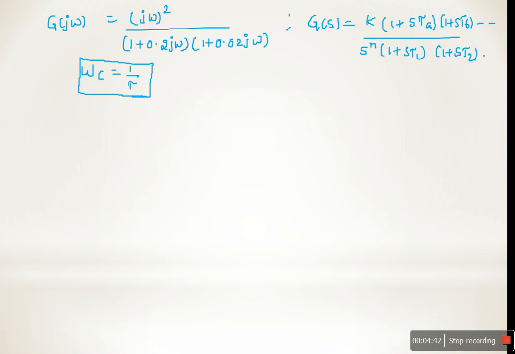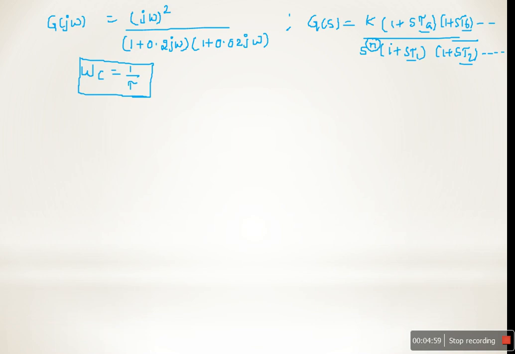This is the general form of the transfer function, where tau a, tau b indicate the zeros of the system, tau 1, tau 2 indicate the poles of the system, and n indicates the type of the system. We have already studied all this.